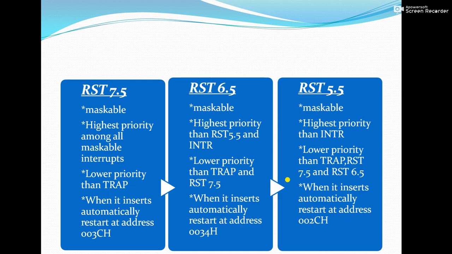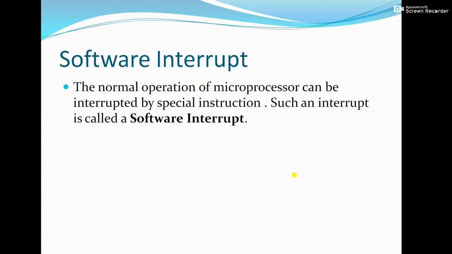By now, all hardware interrupts are clear to you all. Now let us understand software interrupt. So what is software interrupt? The normal operation of microprocessor can be interrupted by a special instruction.